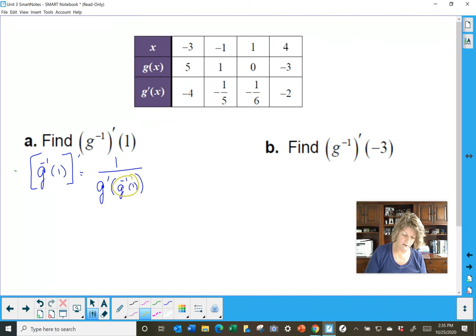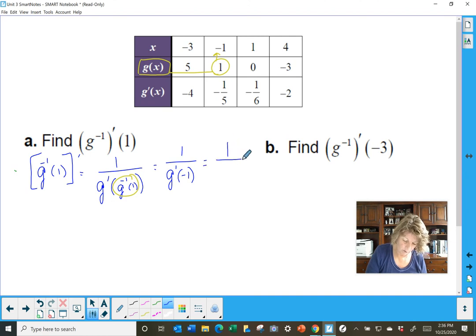So G inverse of 1, I'm going to be in the G line, and I'm finding 1 as its output. If 1 is its output, -1 was the input. So this will now look like 1 over G prime of -1.